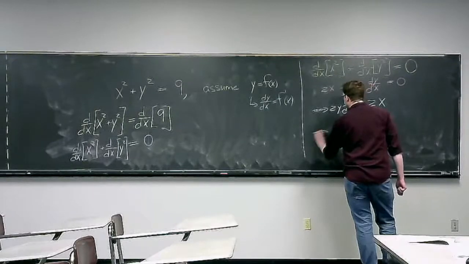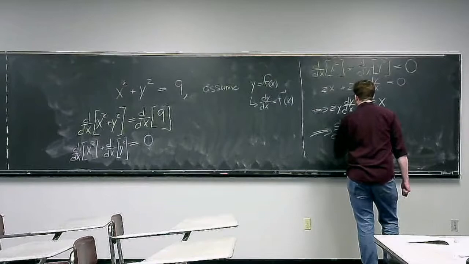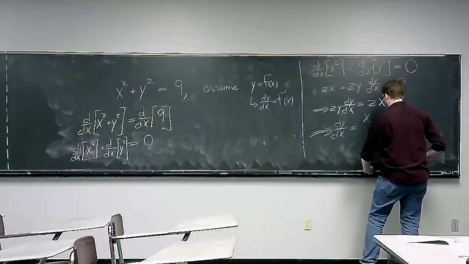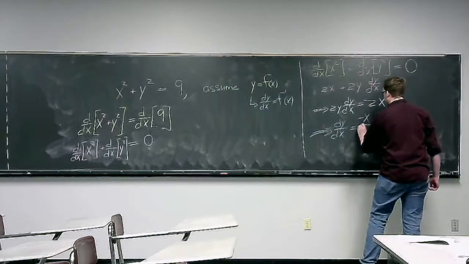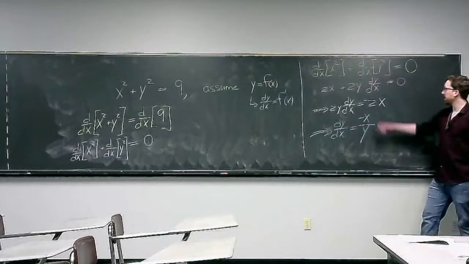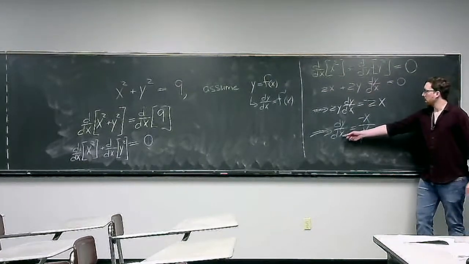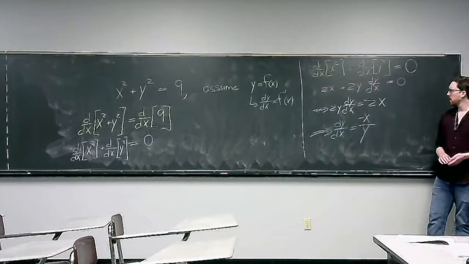So this then tells me that dy dx is equal to, I forgot a negative sign in here, it's equal to negative x over y. Fixed it though. So dy dx is equal to negative x over y.